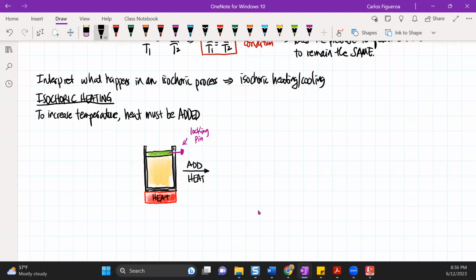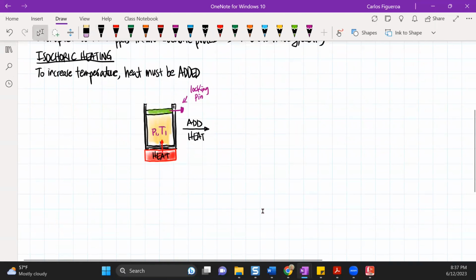So when I look at the heat, we clearly have heat flowing into the gas. So what do we expect here? So if I look at the isochoric condition, if I start off with a low pressure and a low temperature value, we can clearly see here is that I'm going to have a small pressure and a small temperature.